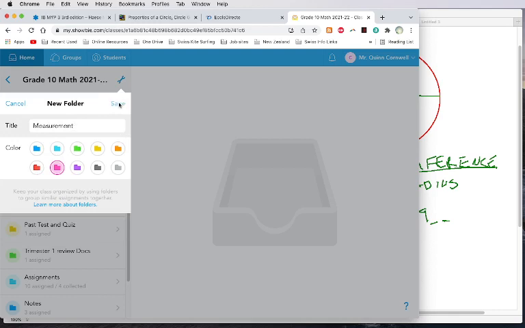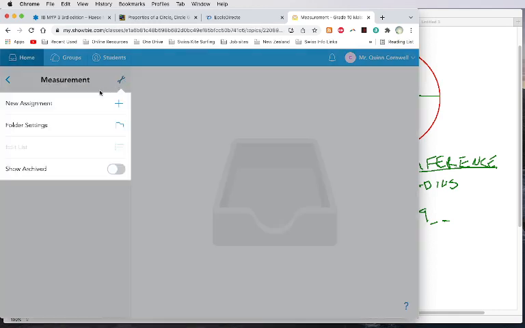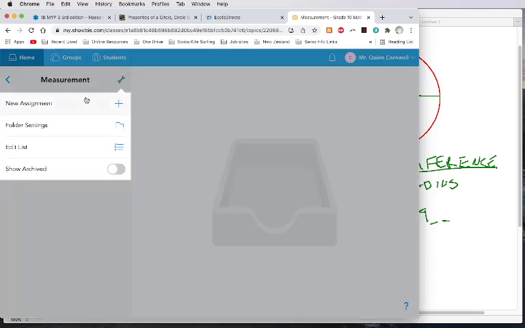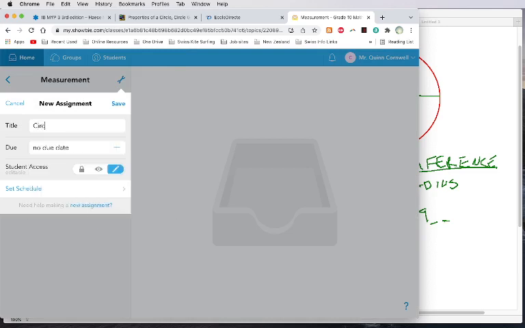So go into that folder, and I'm going to create an assignment for you to put your perimeter homework in. So take your picture so I can see that you're working on this. And then I'm going to make one for your circumference homework. So if you need help, please just send a message on Outlook, and then I can help you out.